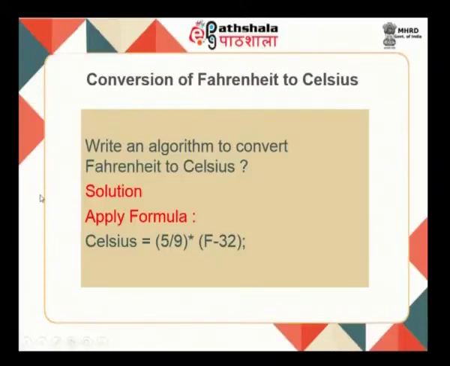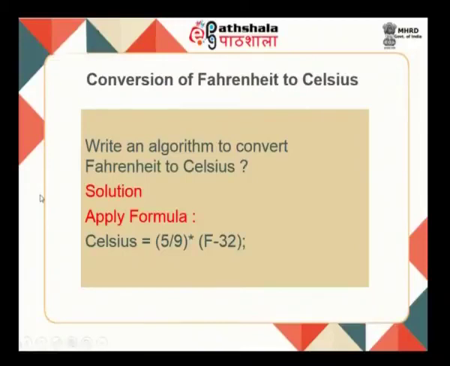So, once we have these statements ready, we can start practicing writing some simple algorithms. As part of this module, let me take one simple example of conversion of Fahrenheit to Celsius.